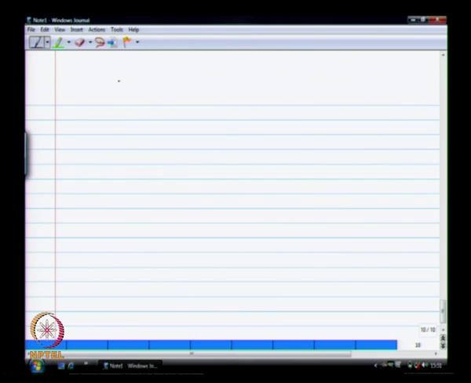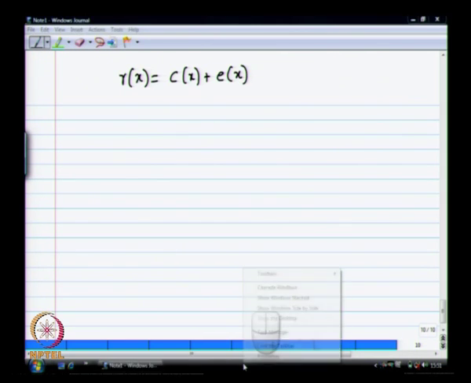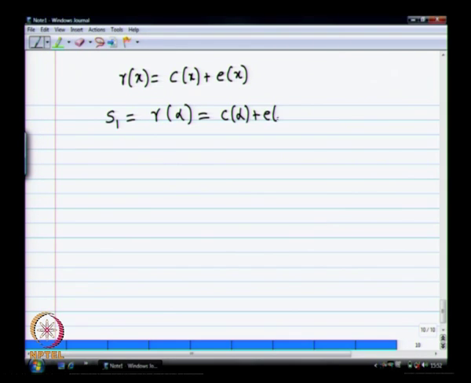So let us see what happens here. Remember, R of x is C of x plus E of x. That is our model for the error in the polynomial world. Now what is S1? R of alpha, which is C of alpha plus E of alpha, but what do I know about C of alpha? That is 0.